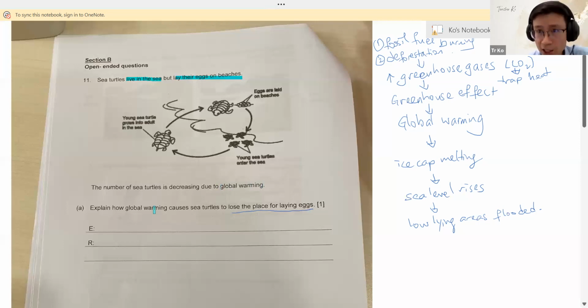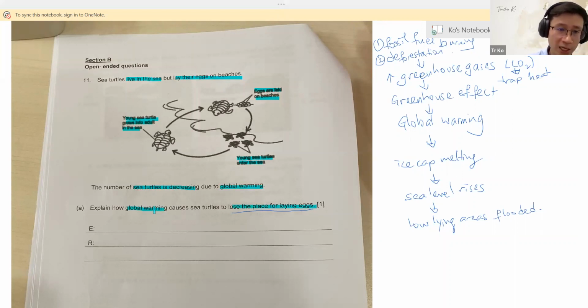So of course we try to answer in terms of CER, right? In this case, there's no C. They didn't ask for a claim, so we just give our evidence and reason. So the evidence comes from where? The evidence comes from the tables and the graphs.